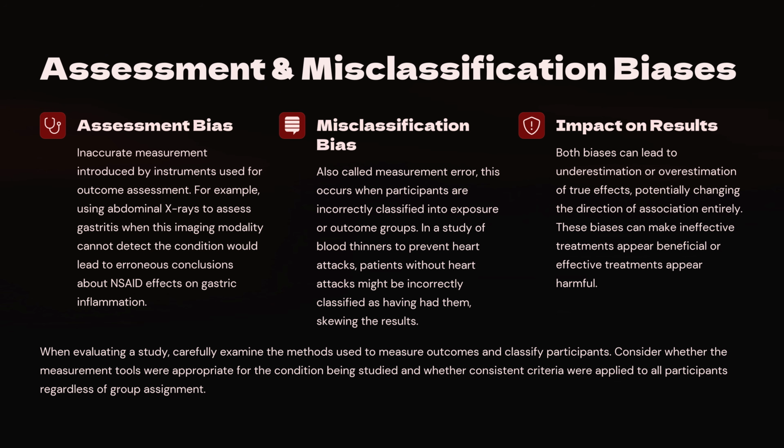So both these biases obviously can lead to underestimation or overestimation of true effects. Therefore, it's really important that we consider it when we're looking at studies, okay? Because we want to make sure whether the tools to measure the condition are appropriate and whether consistent criteria are applied to all participants regardless of the group assignment. These are the ways we reduce assessment and misclassification bias.